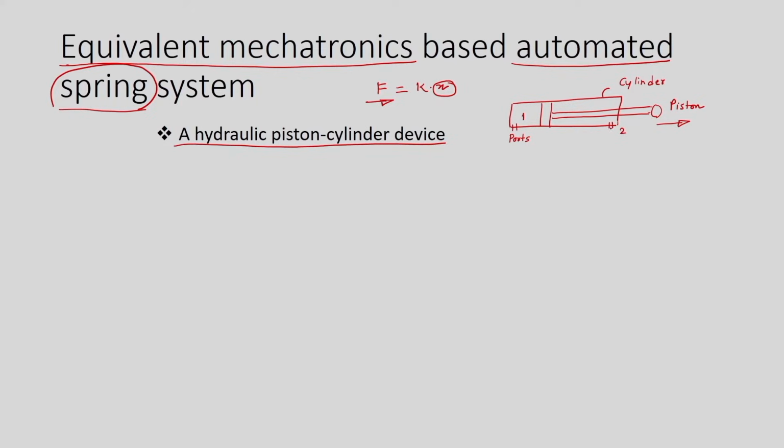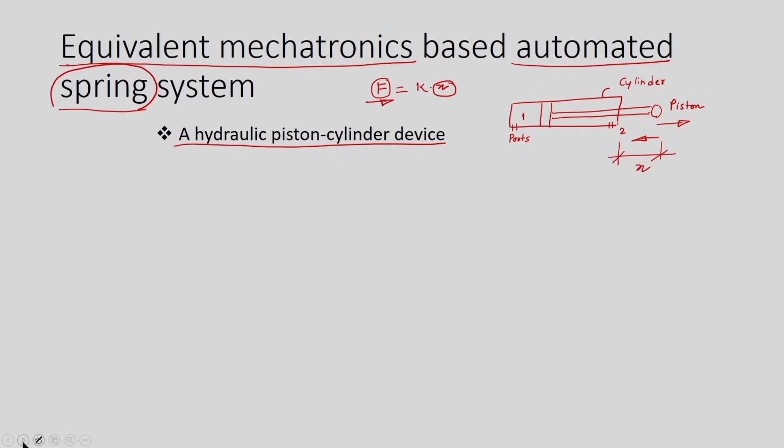If we apply pressurized fluid through port 2, then there is contraction of the cylinder, so the piston will move inside the cylinder. This is a typical hydraulic piston cylinder device. When we apply fluid pressure, which is a function of force F, then we will get the extension of the cylinder. This is the extension of the cylinder X.